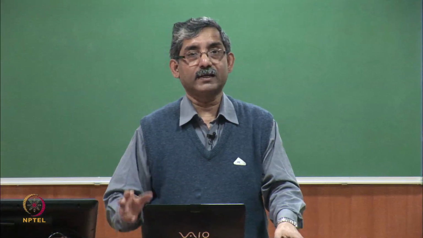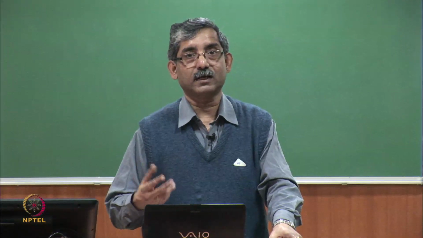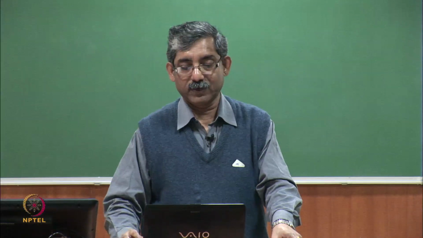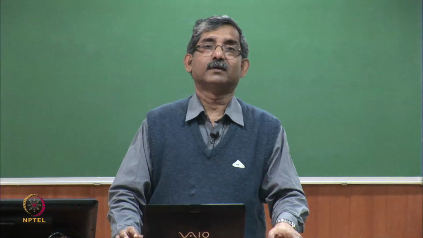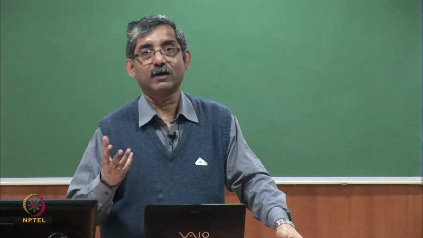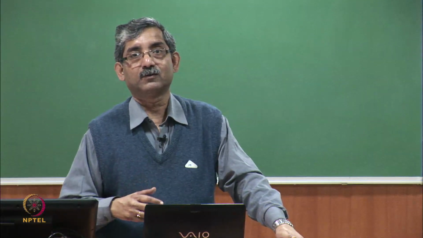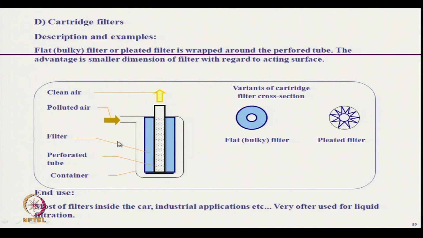So, the filters used inside the car, or various industrial applications where the space available is less, this type of cartridge filter is used. It is also very often used for liquid filters, like water purifiers or different types of liquid filters. The polluted air is entering through the surface and the clean air is coming out from the axis.